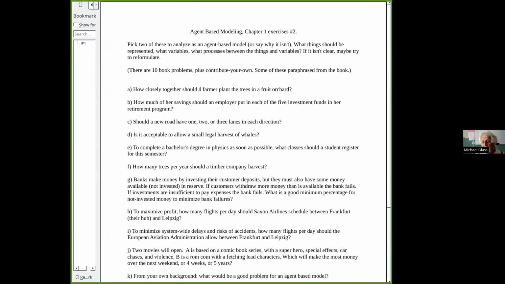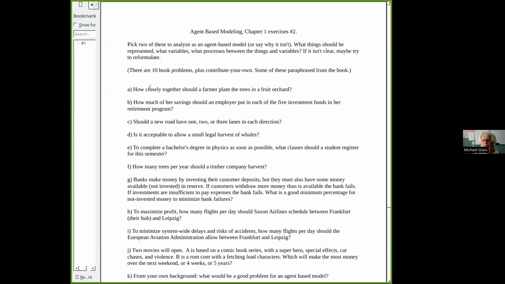In the problem, he also points out, what are the variables? What are the things that are playing the game? Think of this as a kind of game which is being played out. What are the things that are moving around in the game? How do they interact with each other, and what are the variables? And then, of course, what's the question that you're trying to answer?